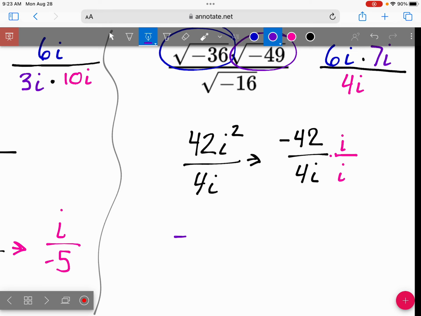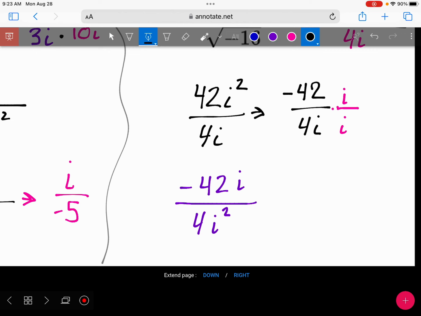So we have negative 42i over 4i squared. i squared is negative 1, right? So we have negative 42i over negative 4. Can I simplify that further?